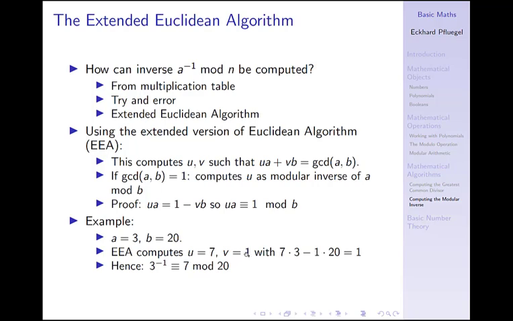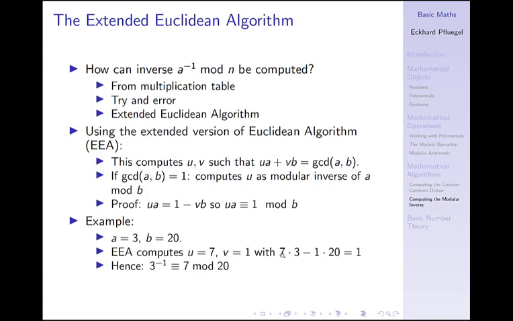Actually, apologies, that should be minus 1 here. So 21 minus 1 times 20 is 21 minus 20, which is 1.